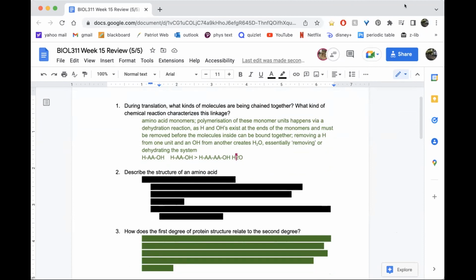Yes, it has an R group. What is the R group attached to? All right, it's attached to a central carbon. The carbon is like the center, and then you have an R group.